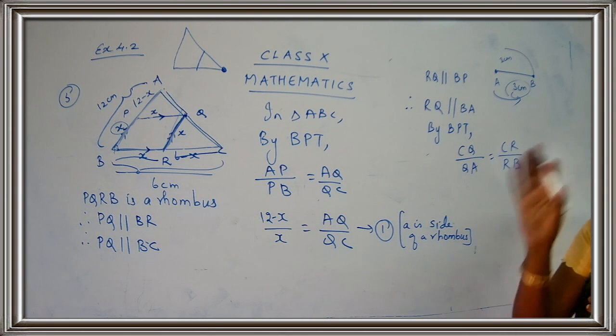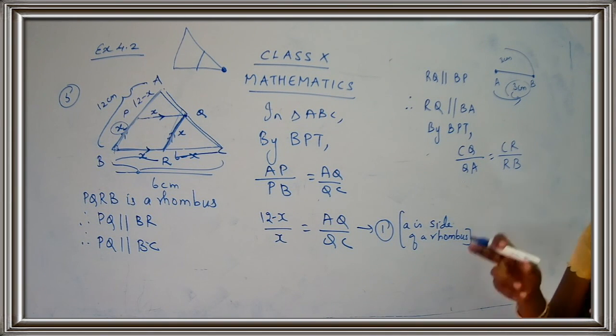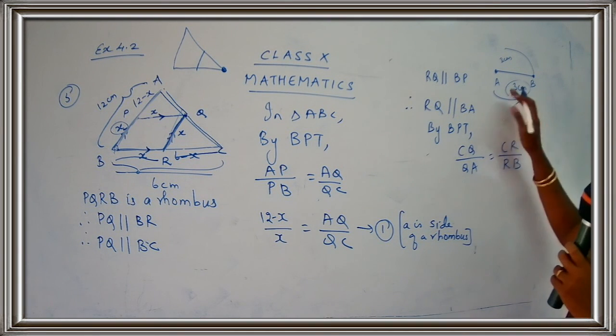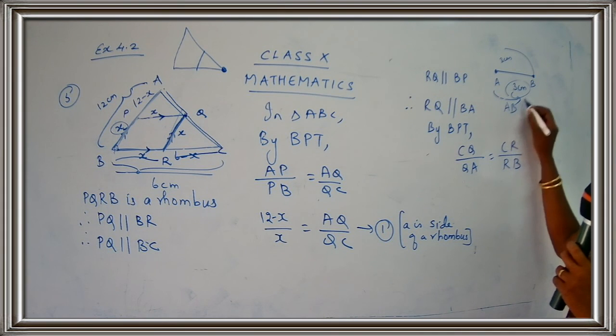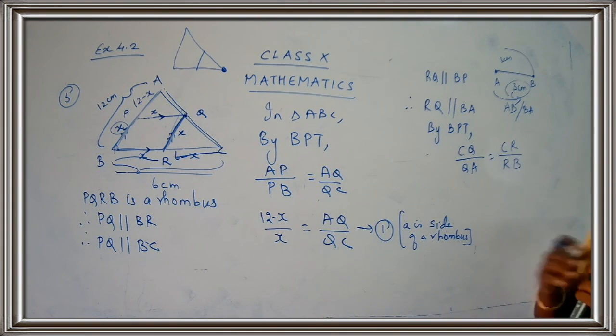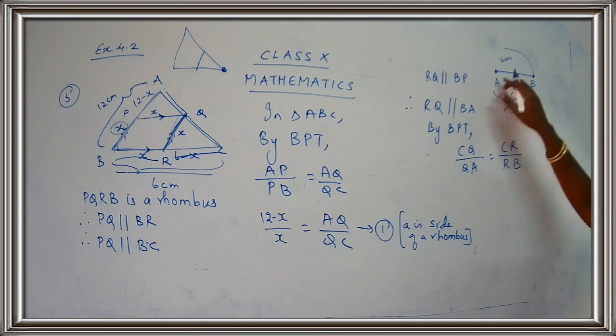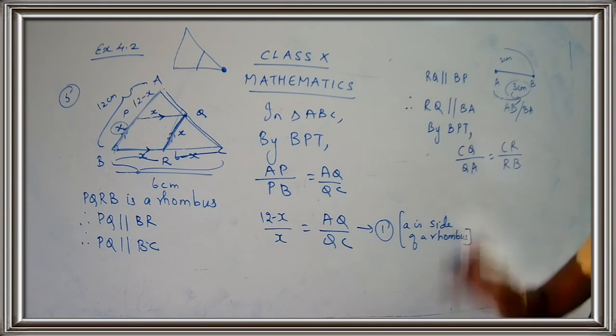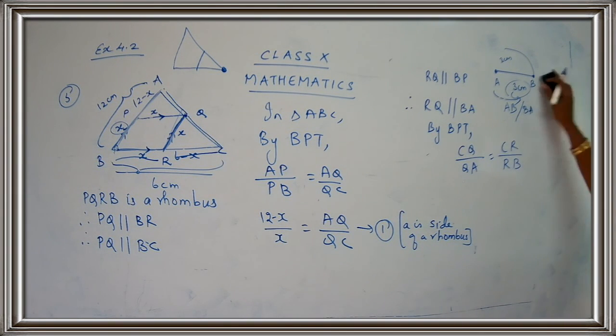That is for a line segment, the measurement will not change. So I can read this as AB or I can read this as BA. It's one and the same. The values are not going to change. So you can read the segment as AB or BA. Getting my point, children?